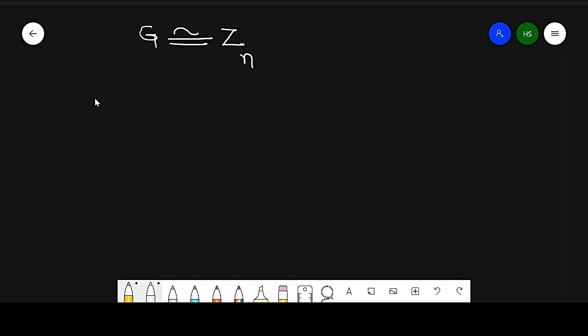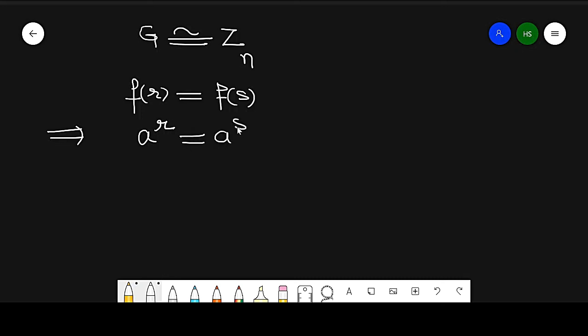Also, we can prove one-one directly. So how can we prove one-one directly? Take f of r equal to f of s. It implies a raised to power r is equal to a raised to power s.